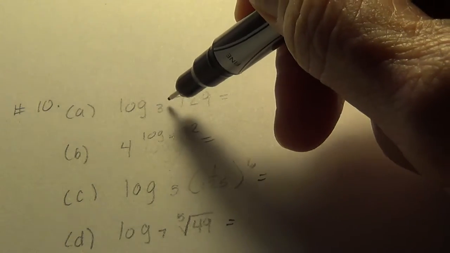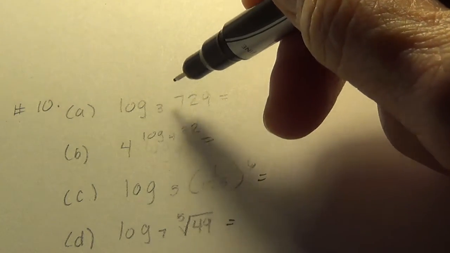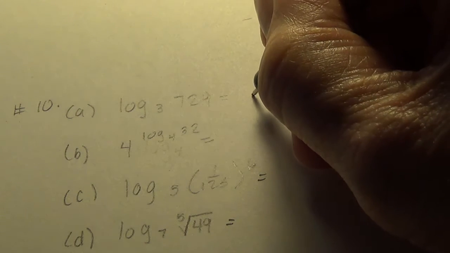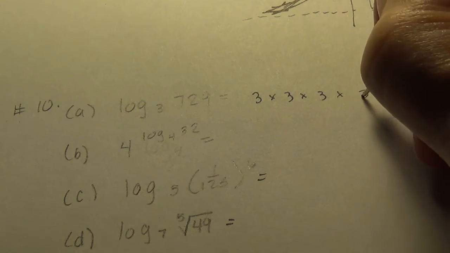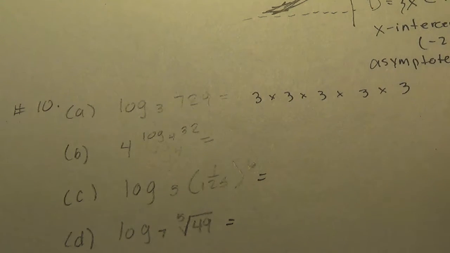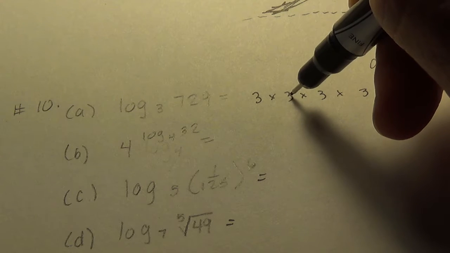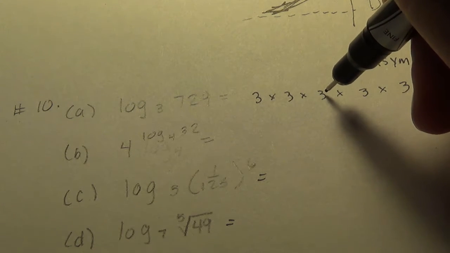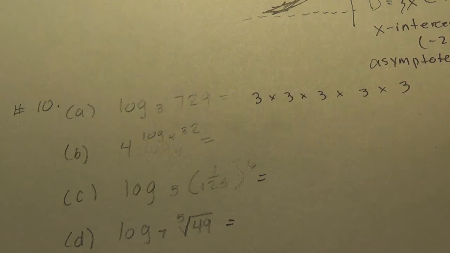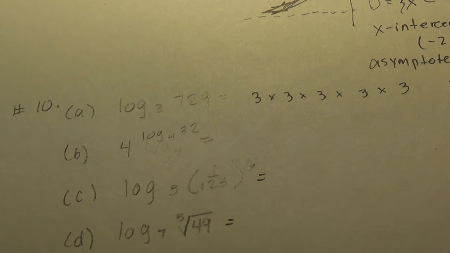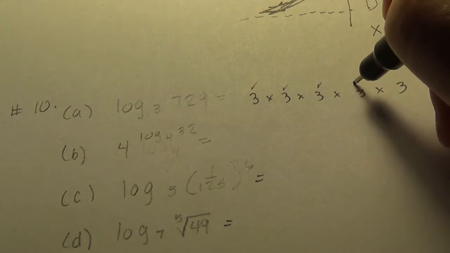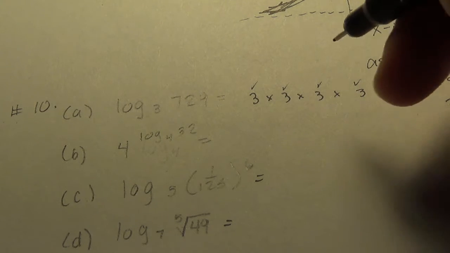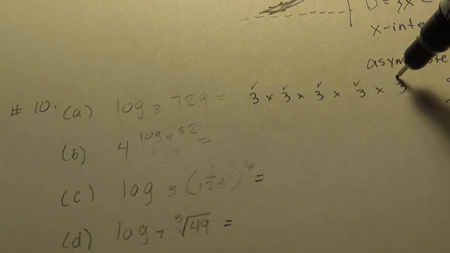Right, here we are, 3 to the what is 729? What exponent do I give 3 to get 729? So I'm just going to do 3 times 3 times 3. I might have to do some scratch work since I'm not using the calculator. So 3 times 3 is 9, times 3 is 27, times 3 is 81, times 3, come on old brain, 243.